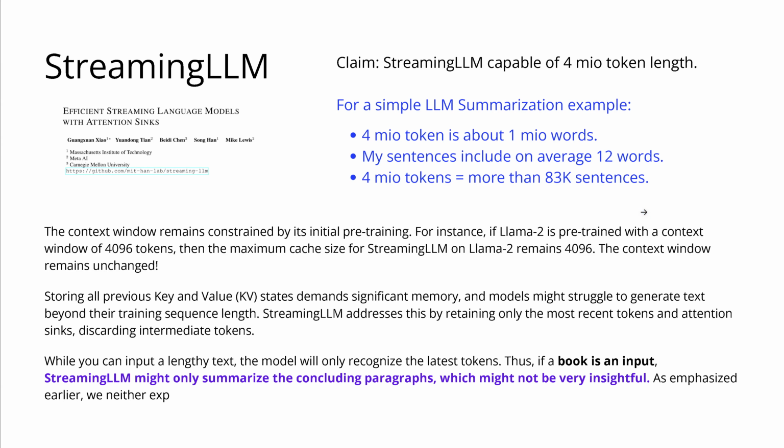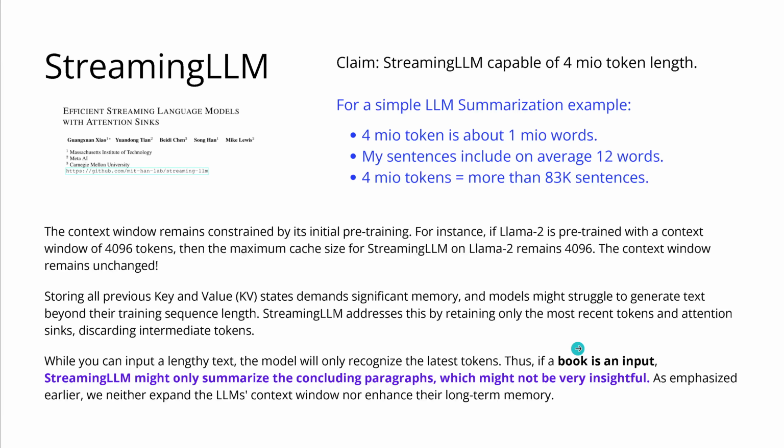Okay, and they also say, and this is a quote, while you can input a lengthy text, let's say 4 million tokens, this model will only recognize the latest tokens. Since it's now not a sequence of question and immediate answer, question and immediate answer, but we have now a continuous data input stream.